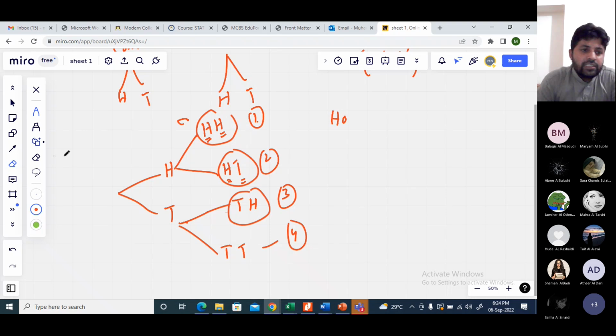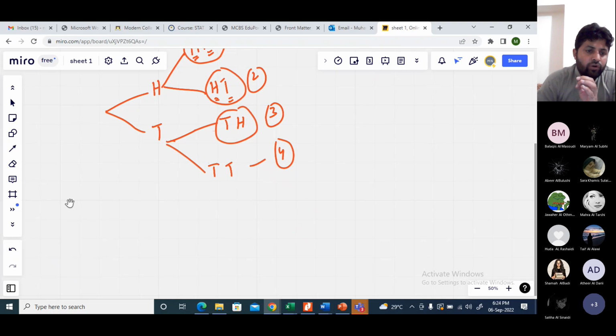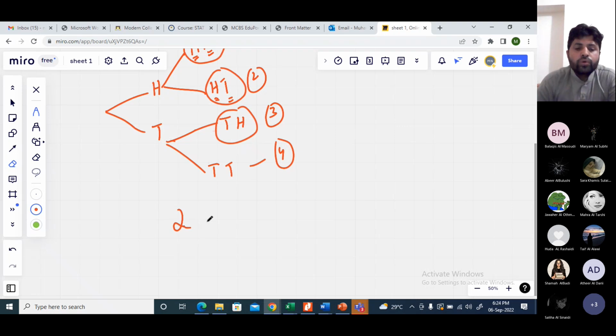Okay, so this is the multiplication rule that will help us to determine the total number of sample points. For example, in the first coin toss, you had 2 experimental outcomes. Multiplied by, for the second coin toss, 2 experimental outcomes. So 2 multiplied by 2, answer is 4.